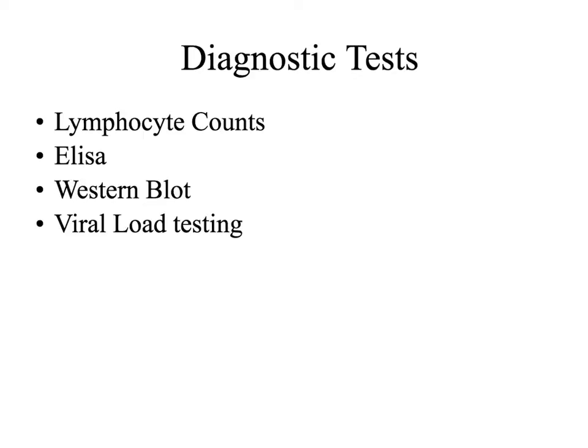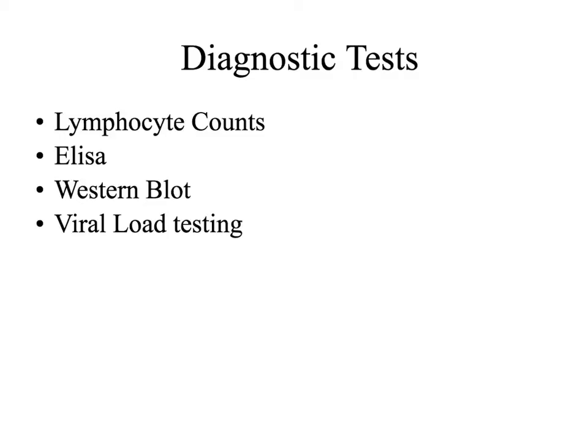ELISA is the first step in testing someone for exposure to HIV. It's inexpensive and accurate, so it's something we can do pretty easily, and we do that first. If they have antibodies to the HIV virus, meaning a positive ELISA, they will go ahead and do the Western blot test as a confirmation.